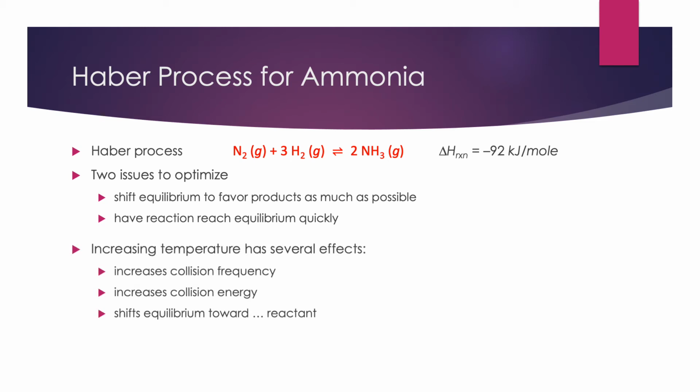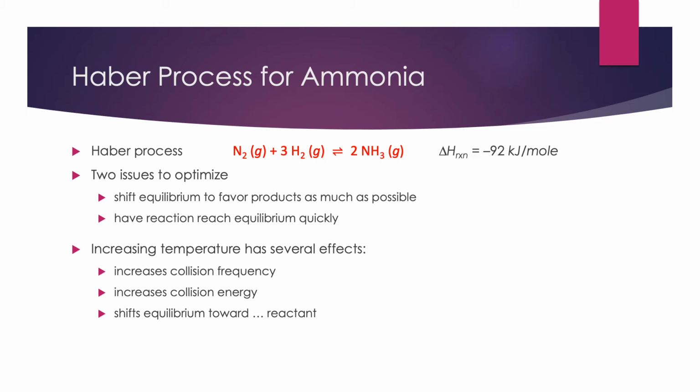Now, one possibility would be to increase the temperature of the reaction, but this has several effects. It will increase the collision frequency. This is a gas phase reaction. It'll increase the collision energy, so that's all to the good. But notice that because it's an exothermic reaction, Le Chatelier's principle tells us that increasing the temperature actually favors reactants, not products.